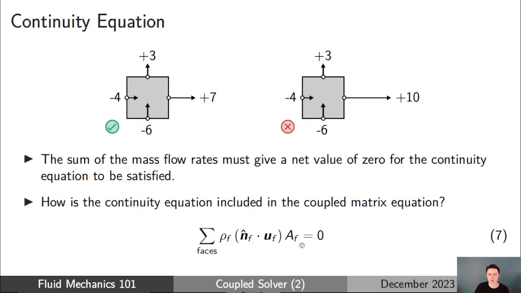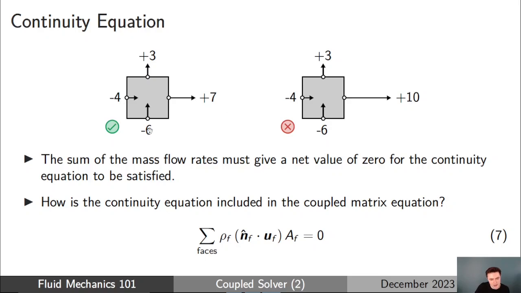And if we think about a particular cell, if we evaluated this quantity, rho f, multiplied by the dot product of the unit normal vector, the velocity field and the face area vector, we might find a situation that's like this, where the face at the top has plus 3 kilograms per second, the face on the right has plus 7 kilograms per second, so we know that there's 3 kilograms per second and 7 kilograms per second passing out of that cell across those faces.